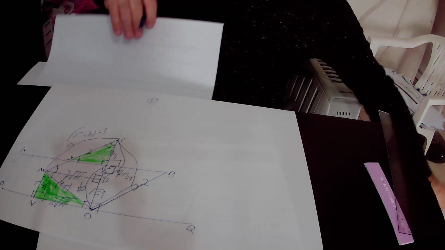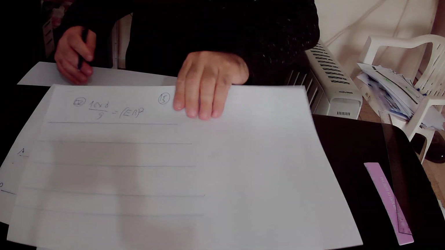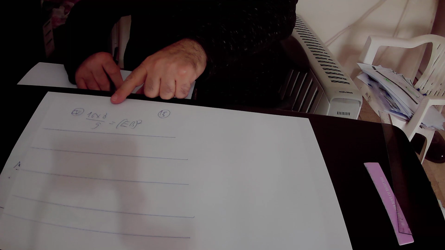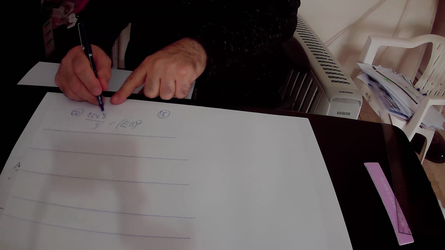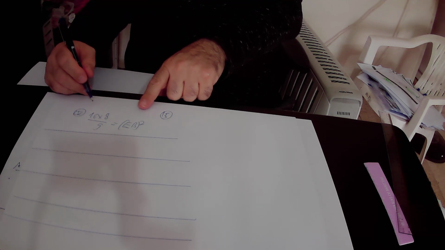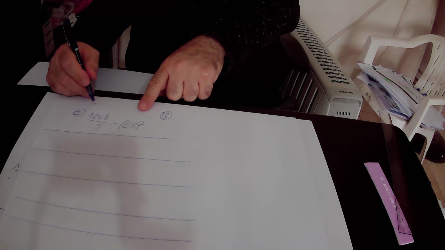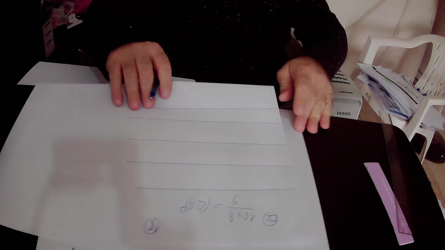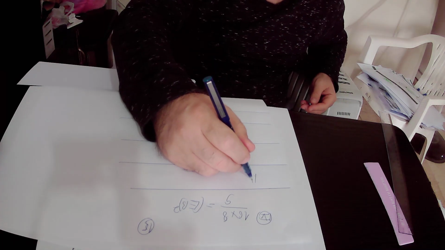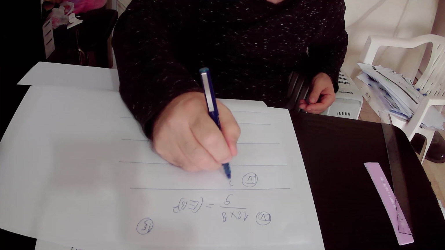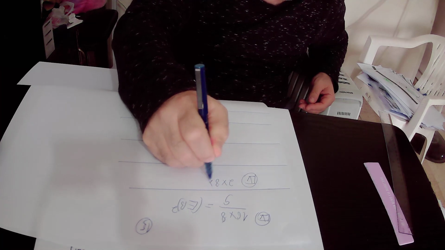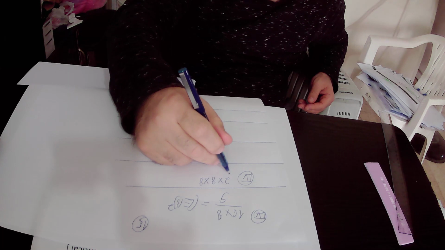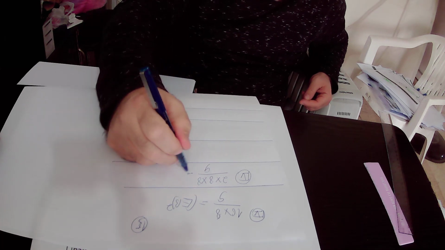So in total, we got that 16 times 8 over 9 equals EB squared. 16 is 2 times 8, so we will substitute 16 by 2 times 8, and we will get 2 times 8 times 8 over 9 equals EB squared.